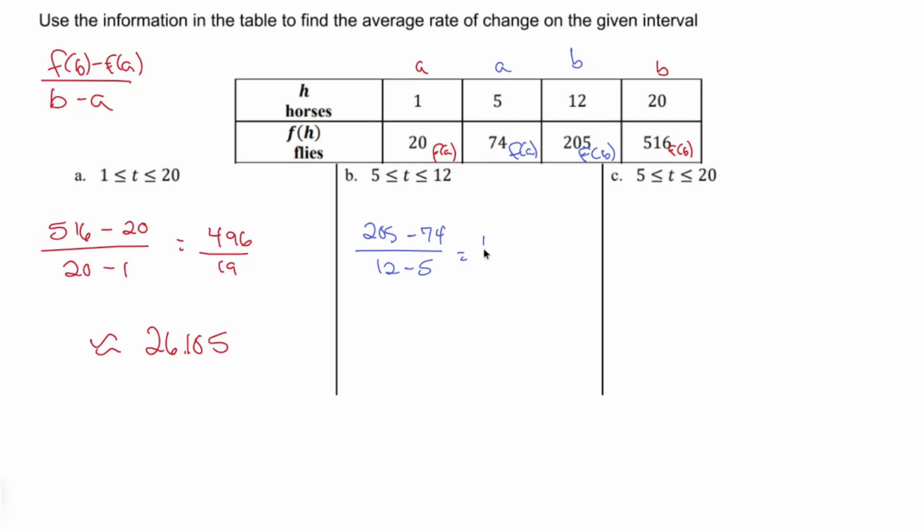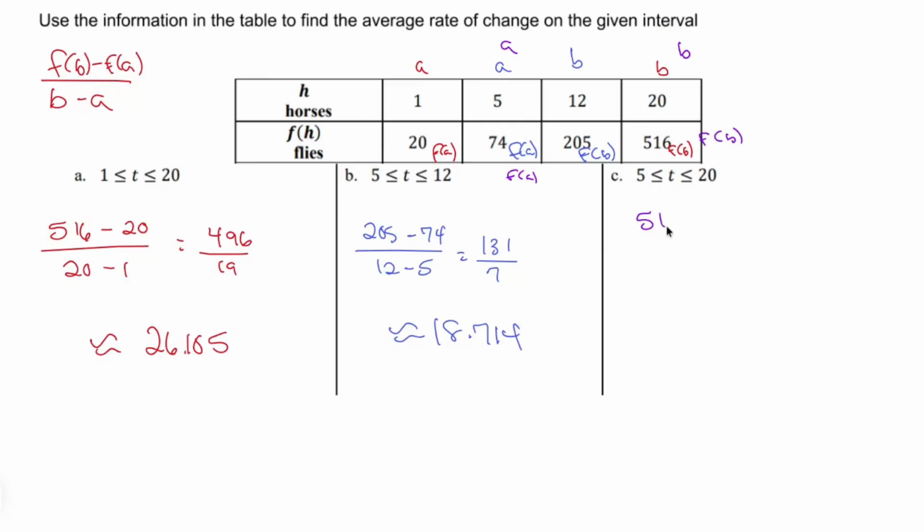So that's going to be 131 over 7, which according to Siri is 18.714. All right, let's round this guy out. We're doing from 5 to 20, so you're A and you're B, which means you're F of A and you're F of B in purple.